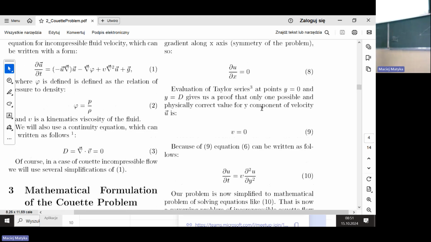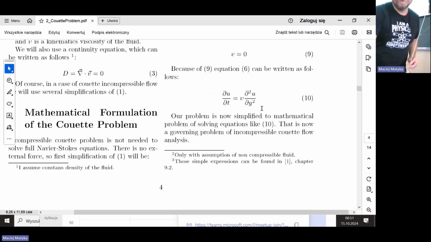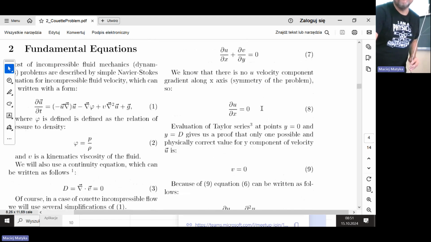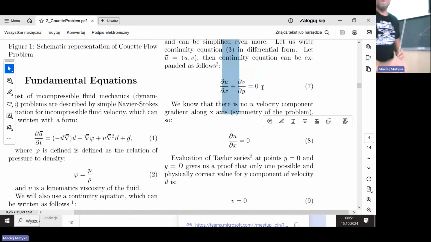Coming back here, equation 3 is a continuity equation in which the density is not visible, but we have the divergence of the velocity field. And this divergence can be written in partial differential form. So we write it down as, where is it? Here. Okay, 7. Let me write it down here because it's not that obvious maybe.